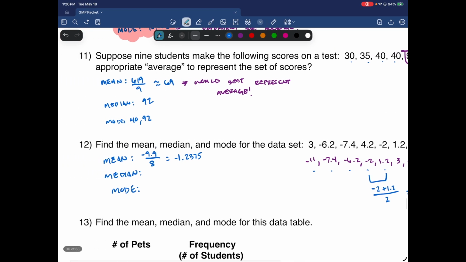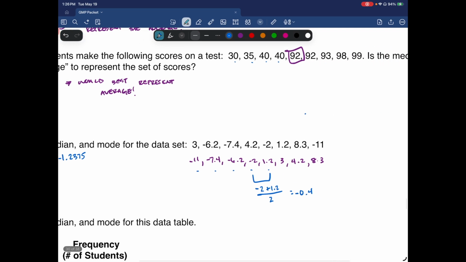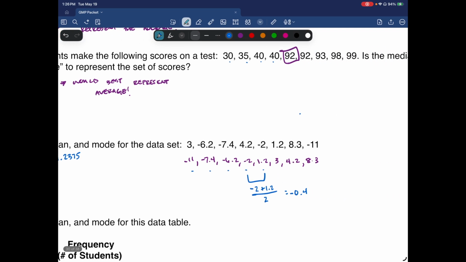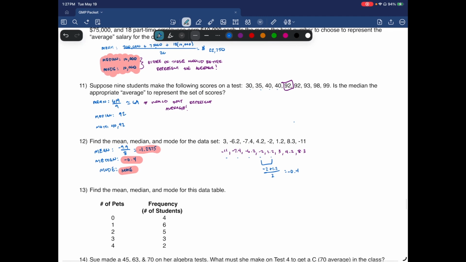So that is my median, negative 0.4. And then my mode is whatever happens more often. There's not any numbers that repeat, so I don't have any. My mode is empty. So that's my mean, my median, and my mode. Again, when you're trying to find your median, your data needs to be in order.